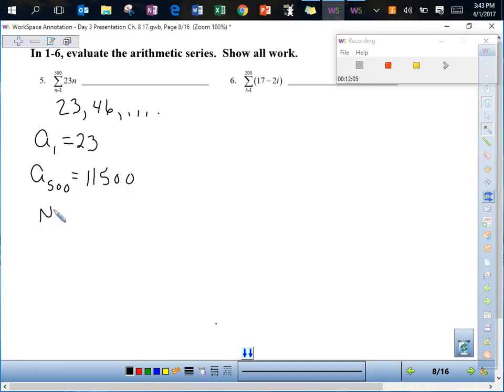And my n value is 500 numbers. Well, here goes to get the sum of these 500 numbers. I'm going to go n over 2, so 500 over 2 times 23 plus 11,500. Okay?